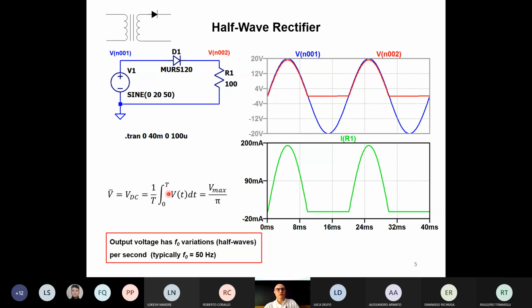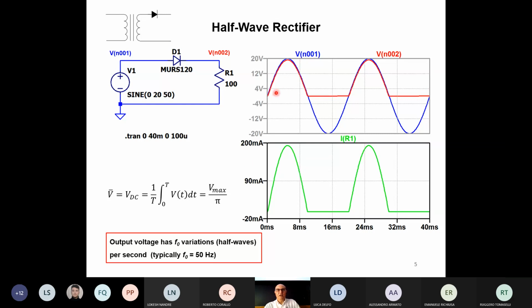If you take the integral of V(t) dt over one period, between 0 and T, and divide by the period itself, you will get Vmax divided by pi. So this means that the average voltage that we get at the output is something like 1/3 of the maximum voltage.